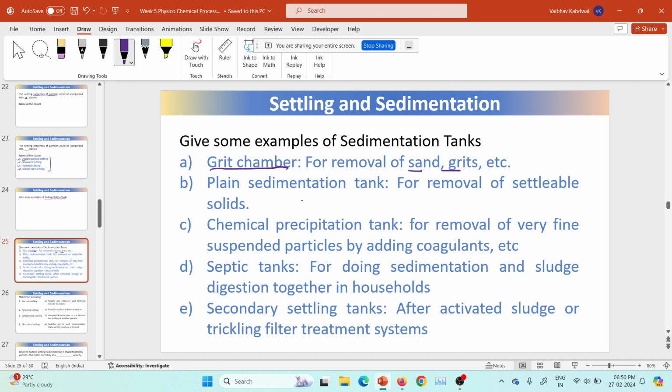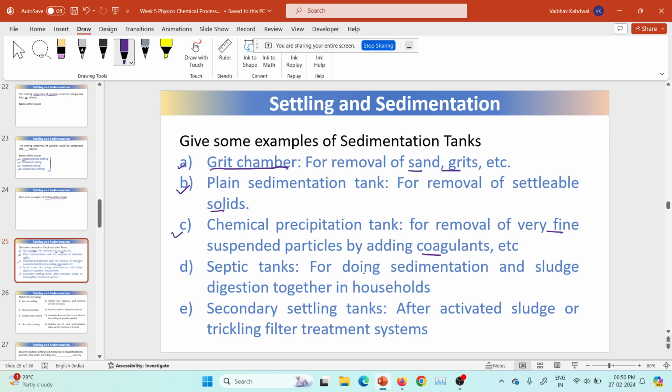While in a plain sedimentation tank, it will take around maybe 3, 4 hours to pass through. So in the grit chamber we use gravitational settling, in plain sedimentation tanks for settleable solids, and in chemical precipitation tanks, like we saw in coagulation aided sedimentation, for removal of very fine suspended particles by adding coagulants.